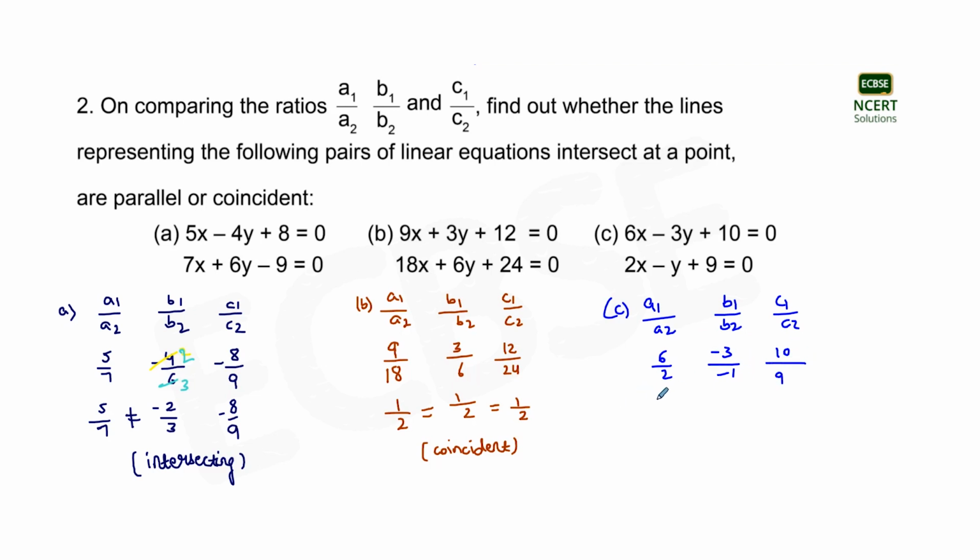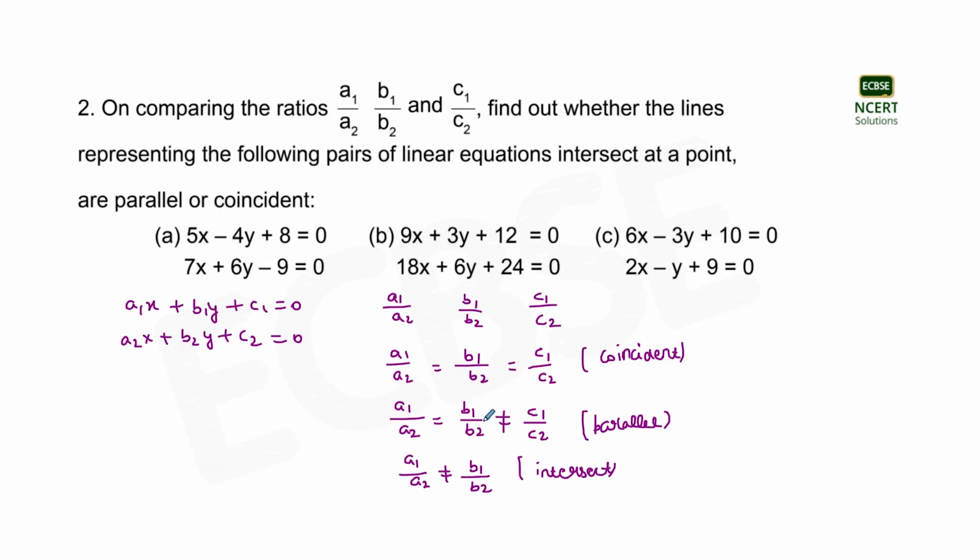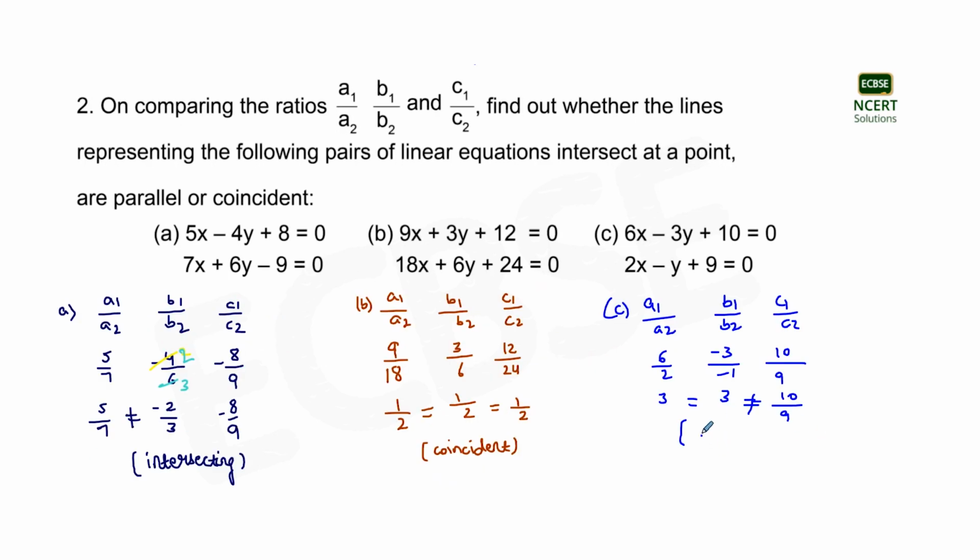Converting them to the simplified form, this is 3, 3 and 10 by 9. As a1 by a2 is equal to b1 by b2, which in turn is not equal to c1 by c2, according to the conditions, these pair of linear equations are parallel lines.